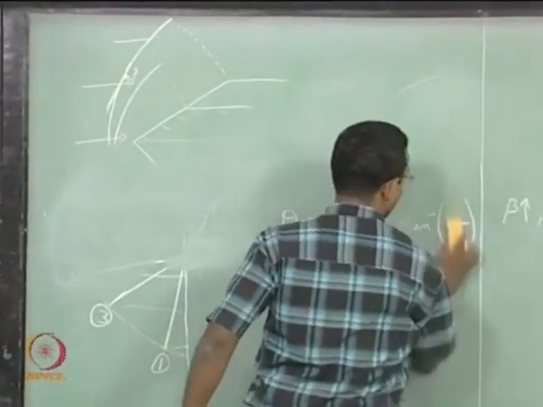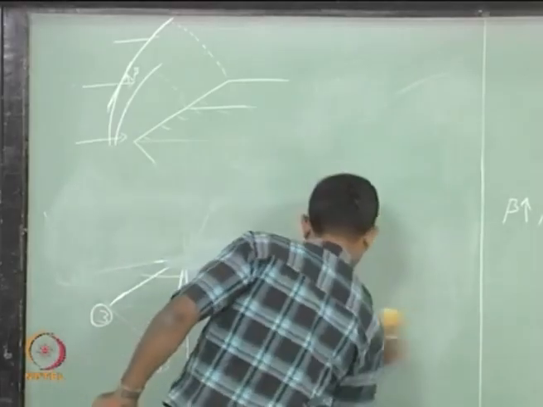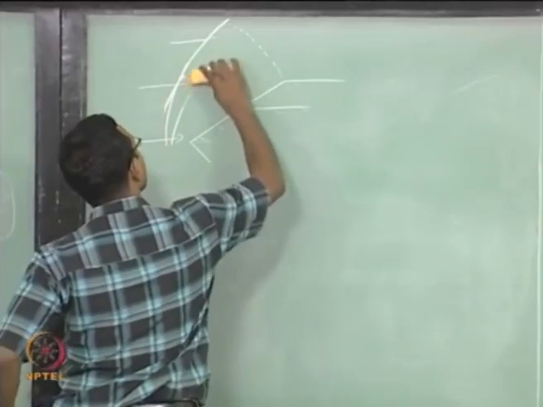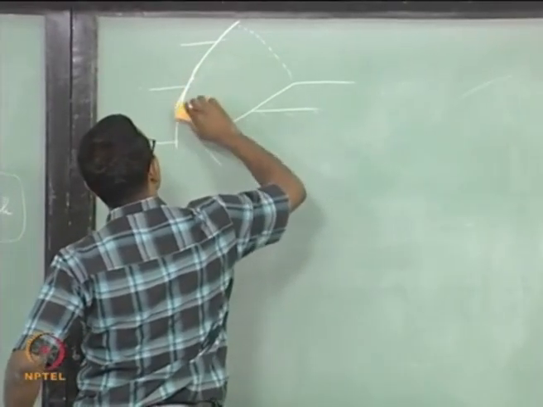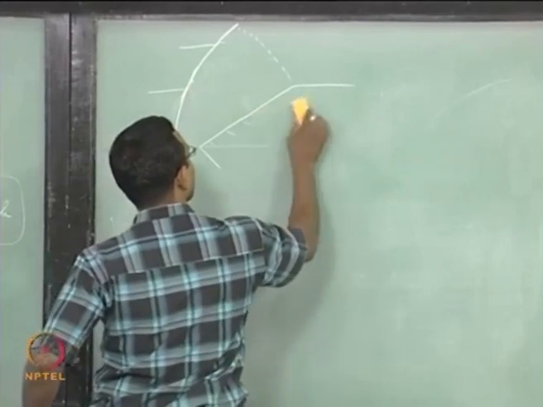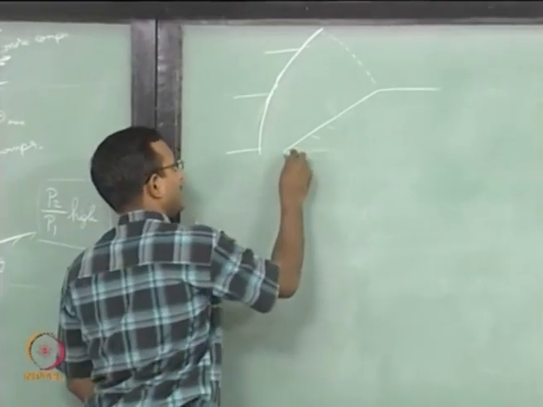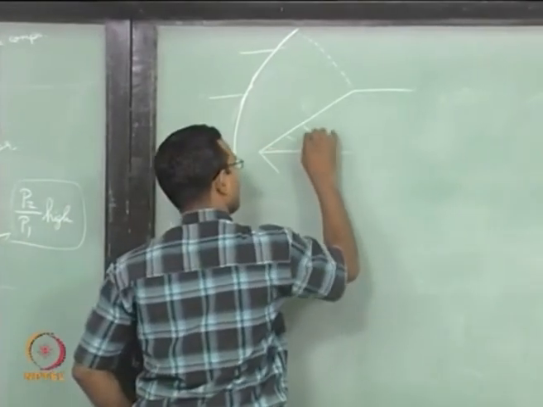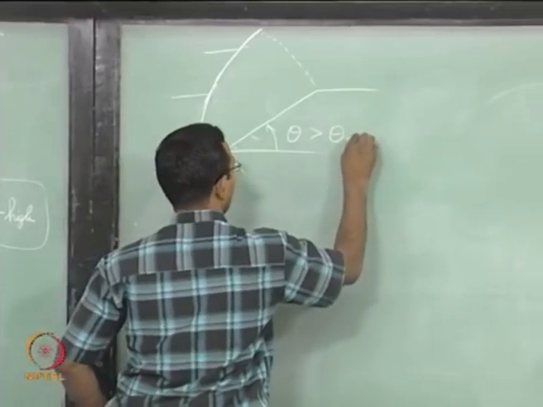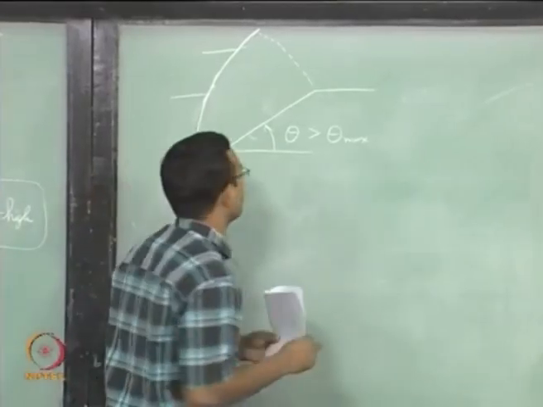I will keep parts of this board and continue. Let us say I have a body which has theta greater than theta critical, theta greater than theta max or theta critical. Okay. People call it theta max or theta critical, get used to it. Okay.